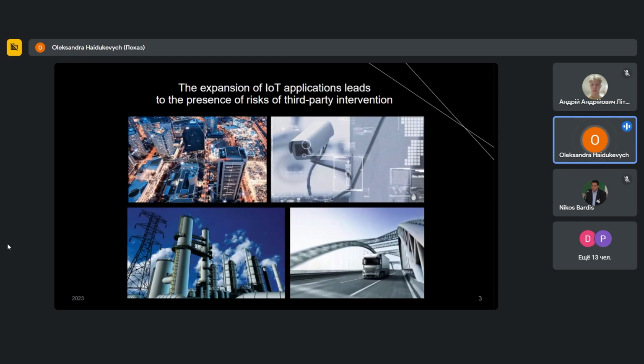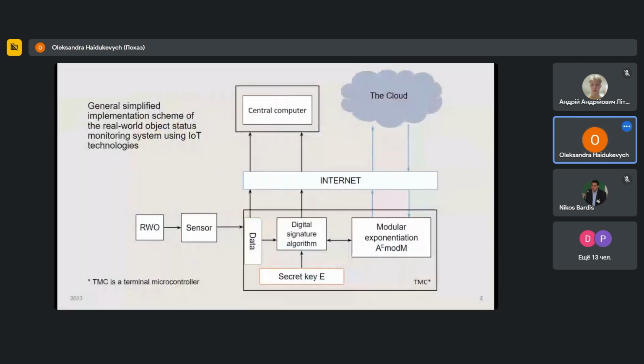Consequently, this expansion brings forth the risk of third-party intrusions and attempts to falsify information regarding the state of the object or management commands. This necessitates heightened security measures to verify the authenticity of data.